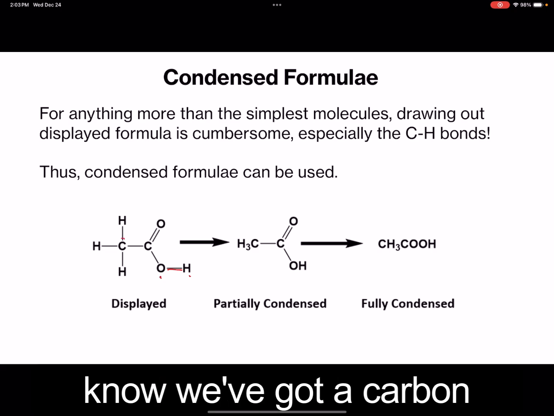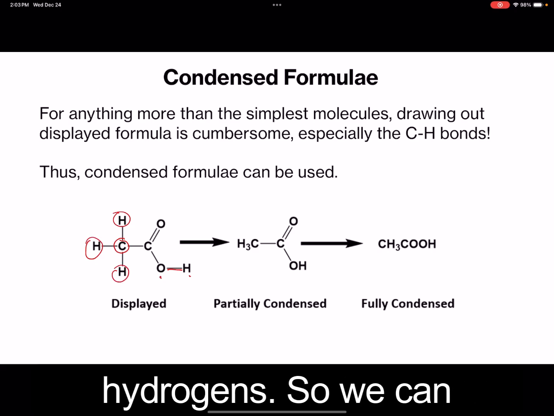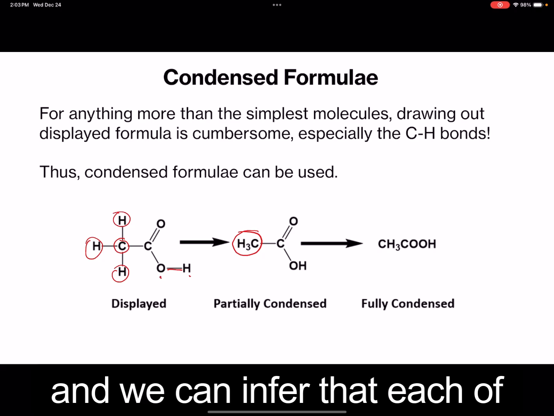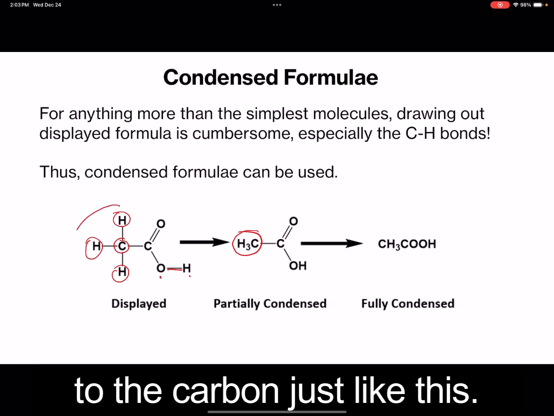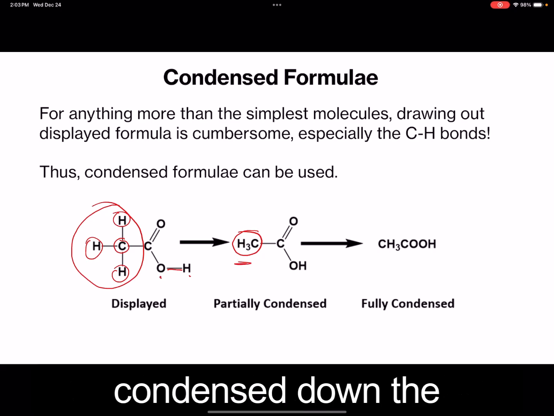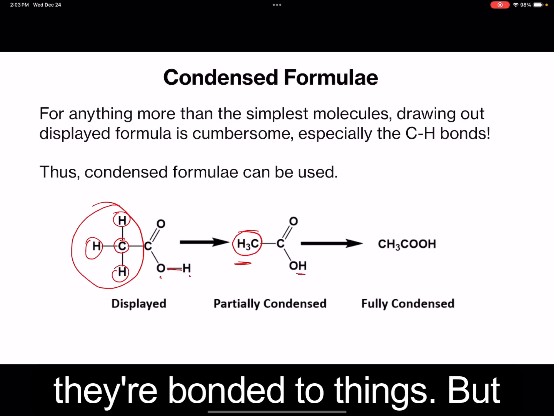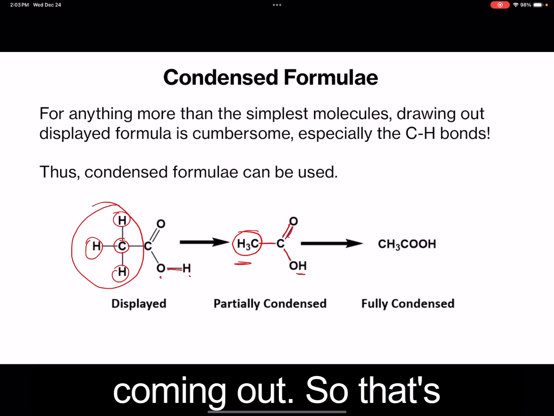So we know we've got a carbon here that's bonded to 3 hydrogens. So we can condense it to a CH3 group, and we can infer that each of those hydrogens is bonded to the carbon just like this, right? So this is a partially condensed structure. We've condensed down the hydrogen bonds when they're bonded to things, but we've kept some of the bonds from the carbons coming out.